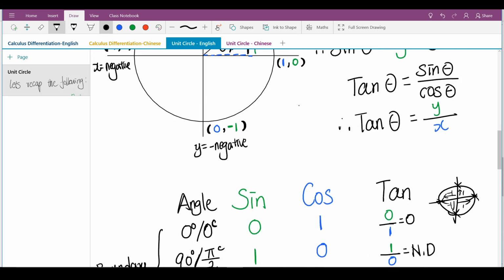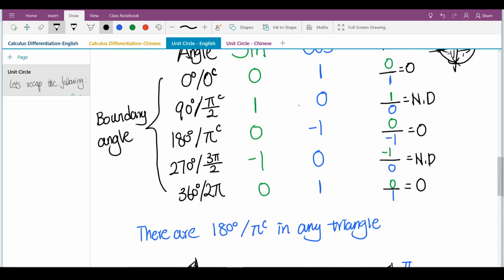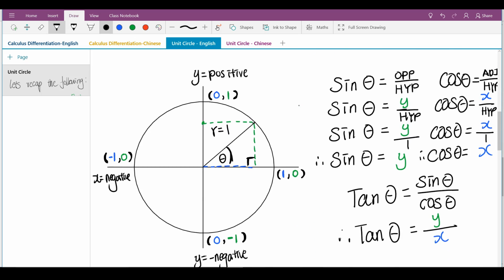And I think that's all about the exact values that we can get from a unit circle. And of course, this is not the end yet. The next thing we're going to talk about is the symmetrical feature of a circle. We know that the circle is symmetric, right? The left half is equal to the right half, the top half is equal to the bottom half. But now we're going to look into that particular characteristic of the circle, and we're going to discover 4 quadrants.